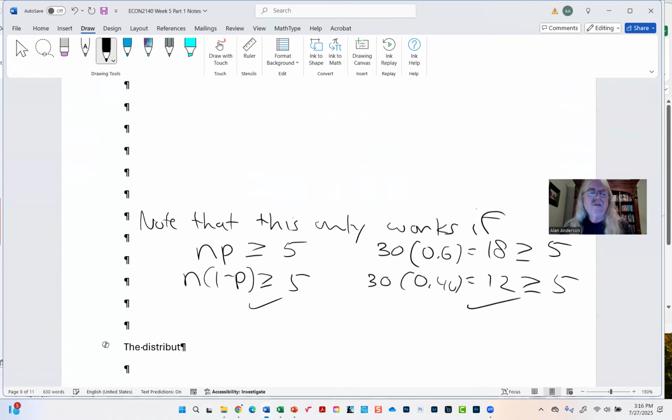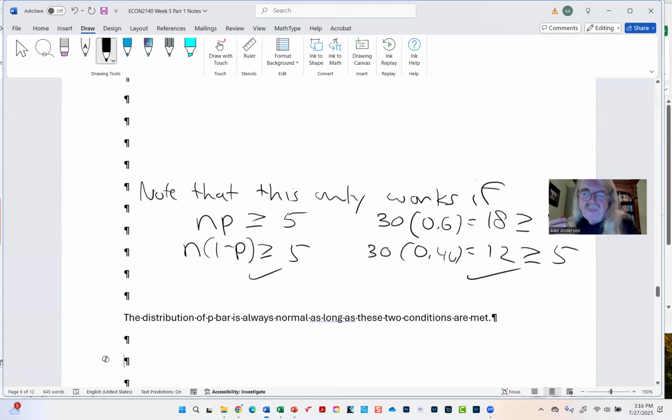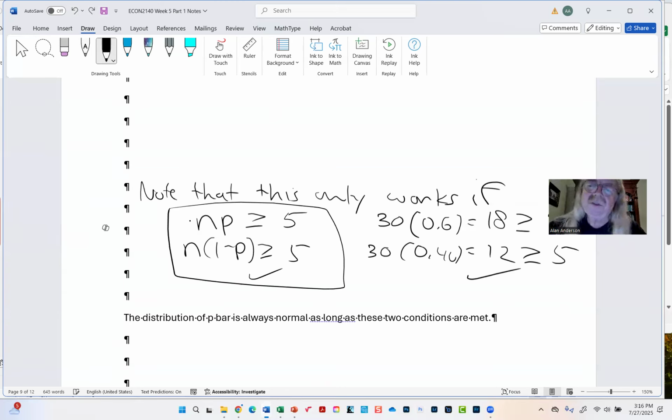The distribution of P bar is always normal, as long as these two conditions are met. For this one, we don't have a separate central limit theorem. What it's saying is that if it's a proportion, and as long as those results hold, then we can justify using the normal distribution. If not, we have to use something a little bit different, or the accuracy will suffer.